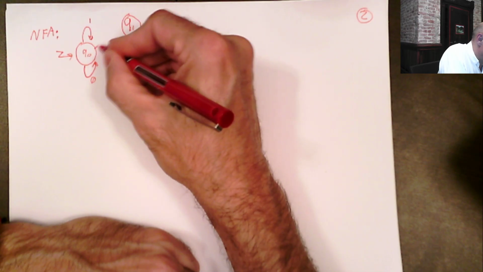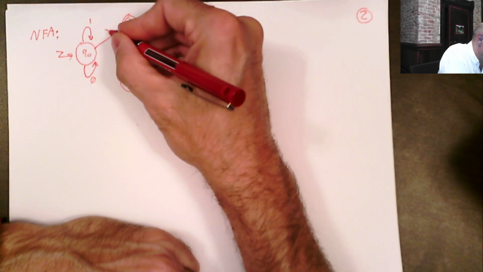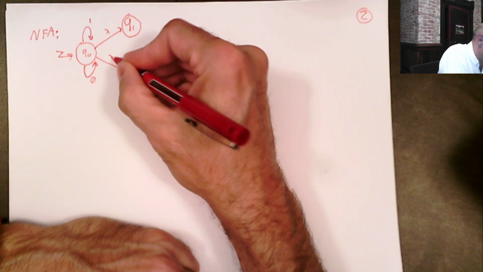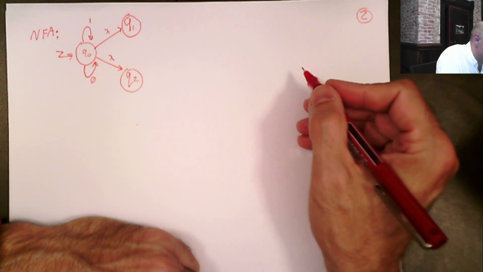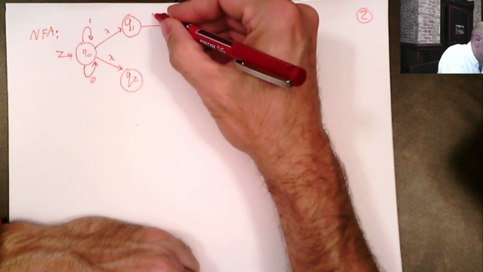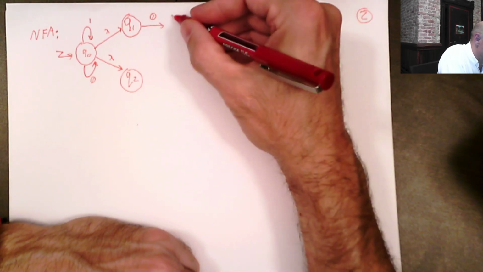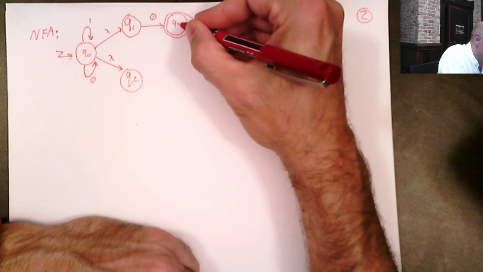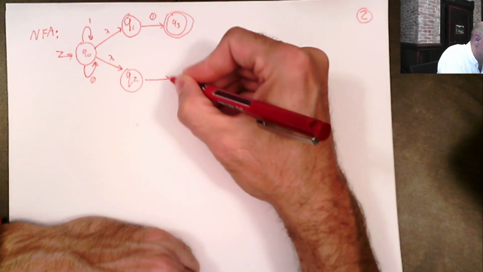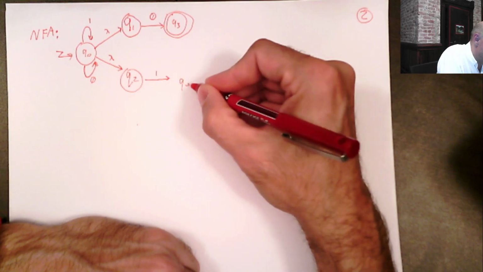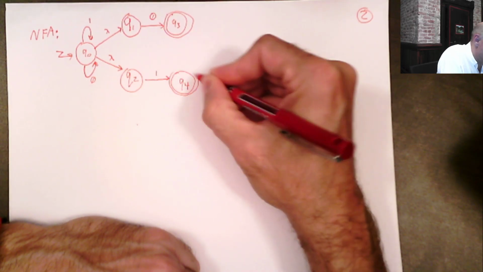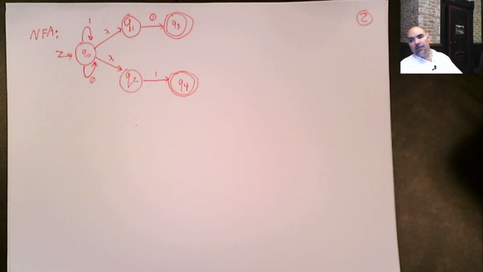And let's make this go to there on lambda. Let's make that go there on lambda. And now over here, let's take a 0. Make this one final. Make that Q3. Let's put that as 1. Make this Q4. And make this one final. All right, so there's my NFA.